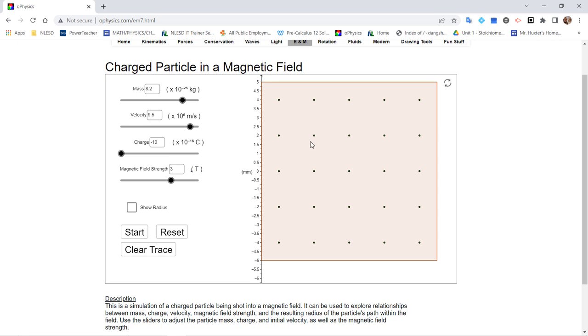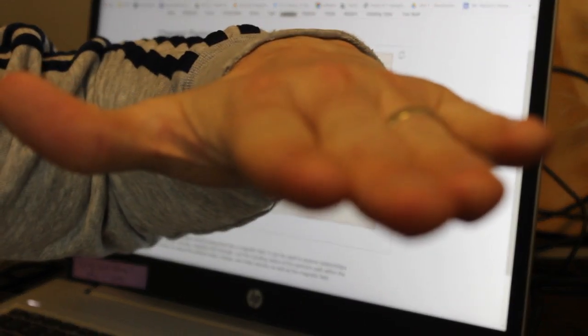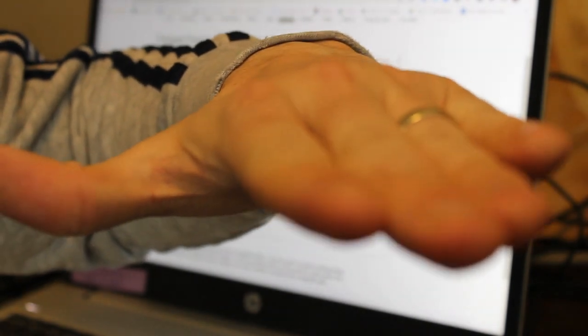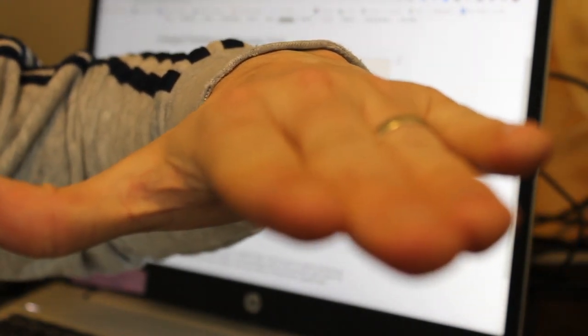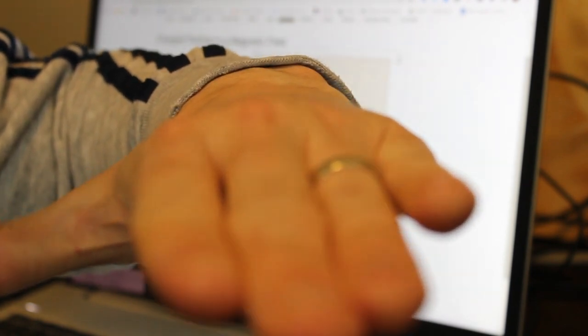It's kind of hard to demonstrate over a video, but I will attempt. Just as a recap, this field, because it's dots, means it's coming straight out of the page. So your hand would align with the field straight out of the page. The direction of your thumb represents the path of the particle.